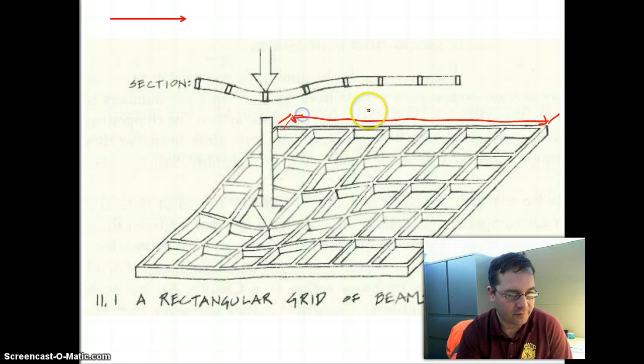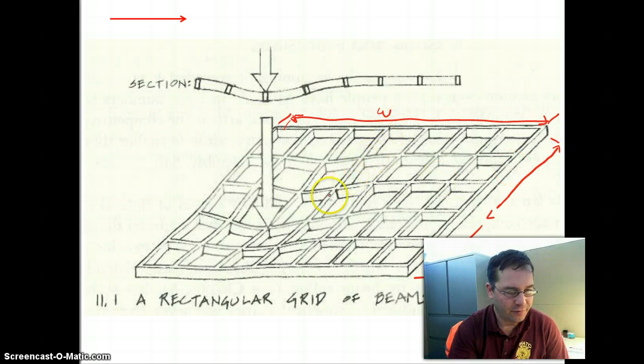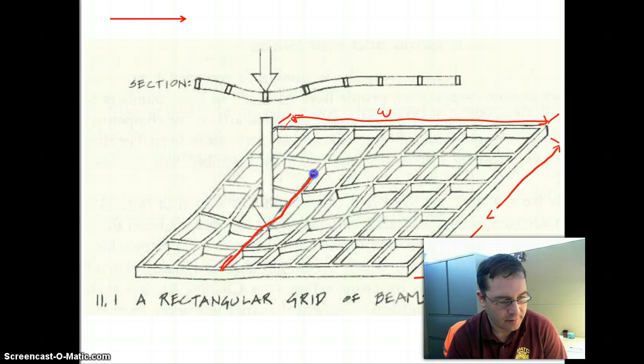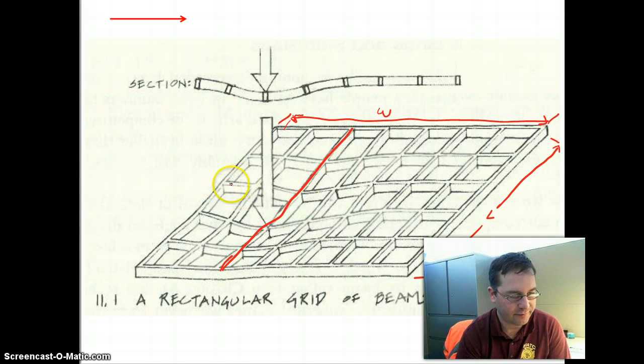This width here is maybe not equal to, but certainly within some percentage of the length. And if you think about why that is, if we think about applying the load right here, we want the load to be shared equivalently between this beam running front to back and this beam running side to side.